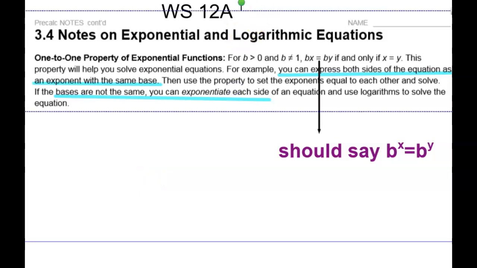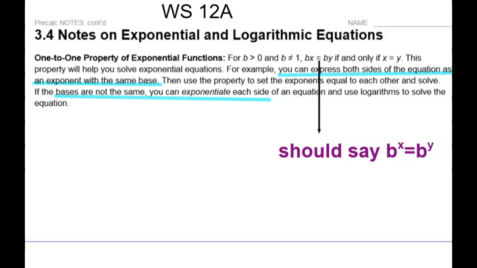There we go. All right, if you missed yesterday, we went over worksheet, I want to say 9B, that had 4 different strategies for solving exponential equations or log equations, okay?